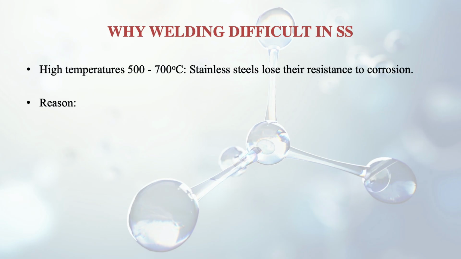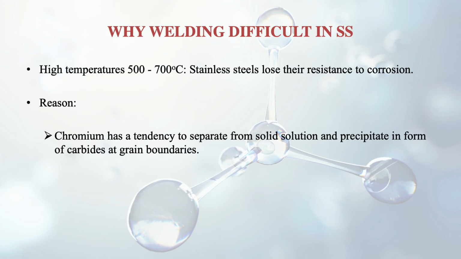So even SS will lose its corrosion resistant properties at 500 to 700 degrees centigrade. The reason is that the chromium in the SS has a tendency to separate from solid solution and precipitate in the form of carbides at grain boundaries. So this chromium carbide will be formed and it poses all kinds of difficulties.